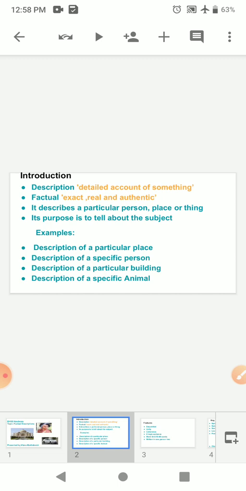Suppose you have anything in front of you and you start describing how it appears to you. You can explain in your factual description how that particular thing looks, its shape, color, dimension, features. And like I already told you, there are descriptions of places, persons, buildings and animals.